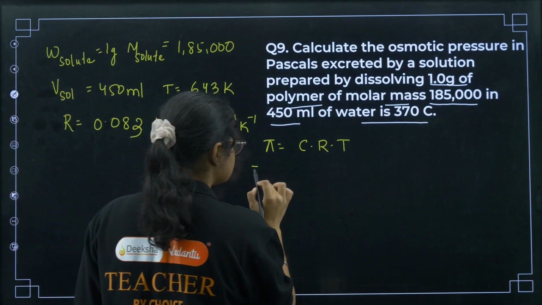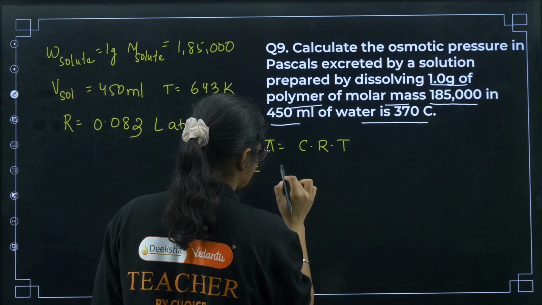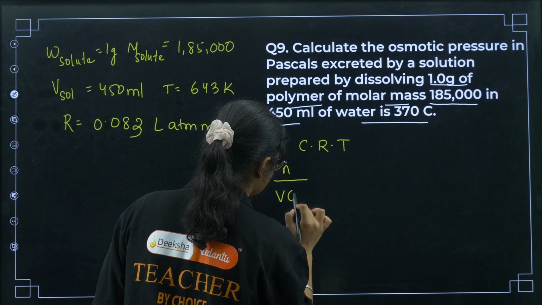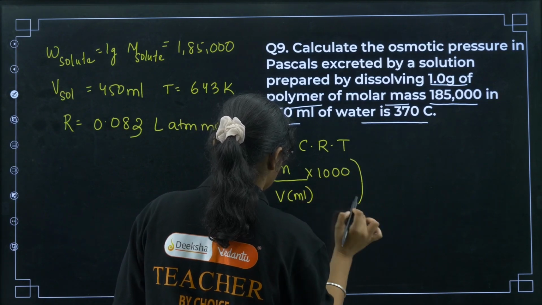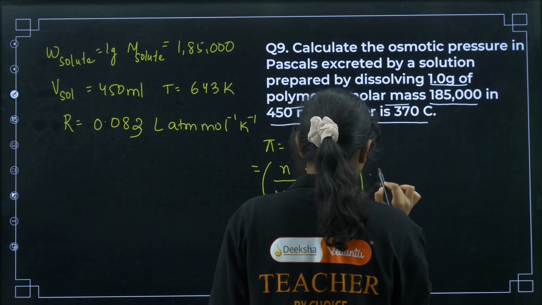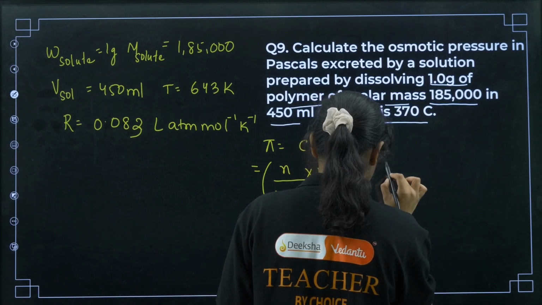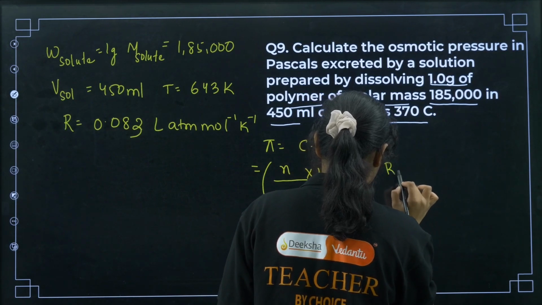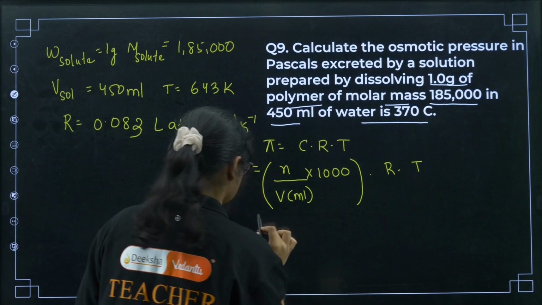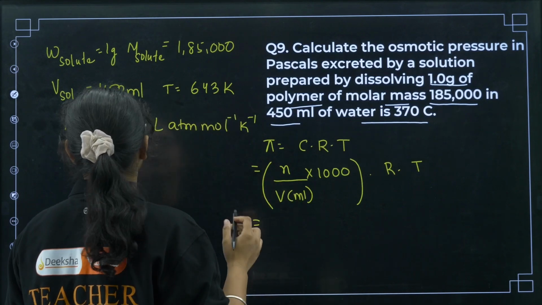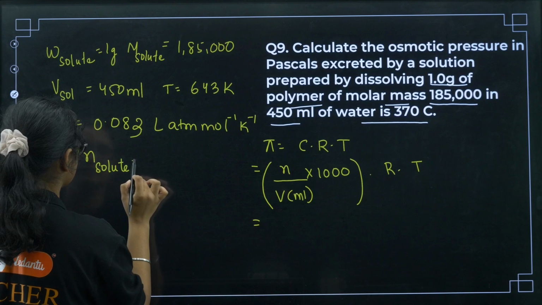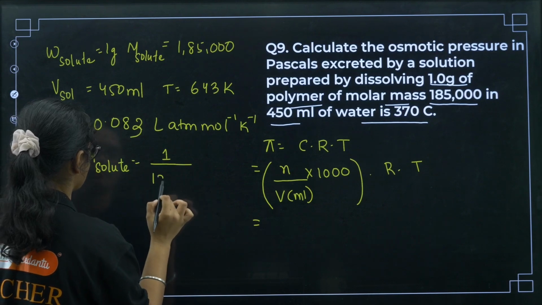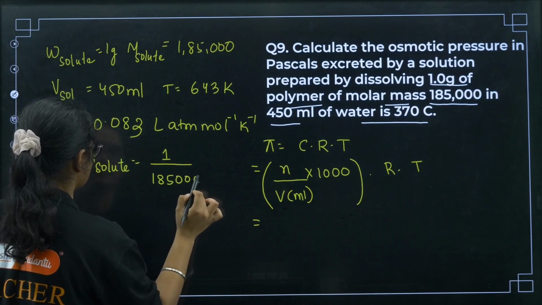So for C, I can put number of moles by volume in ml into 1000, right. Then R value, and T should be in Kelvin. Now for number of moles, did I calculate? No. What is the number of moles of the solute? Given mass by molar mass, 1 by 185,000.